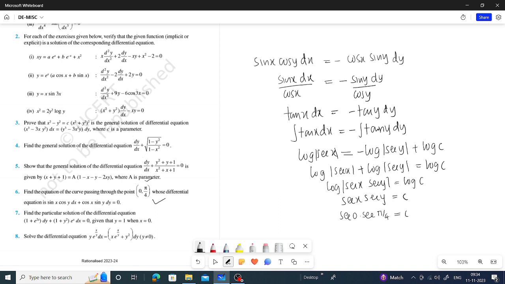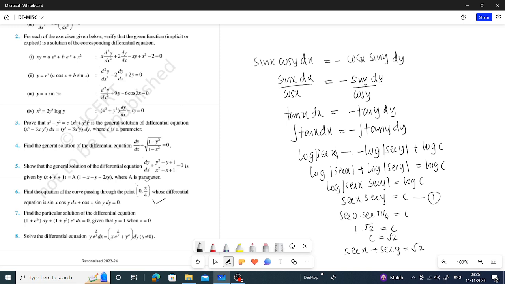Sec 0 is equal to 1 by cos 0, and sec pi by 4 is equal to 1 by cos pi by 4, that is root 2, equal to c. We got c is equal to root 2. So putting it in the general solution, sec x into sec y equal to root 2 is our solution.